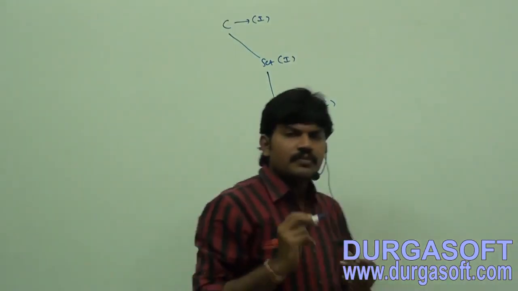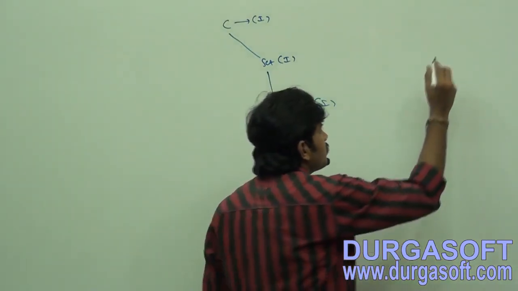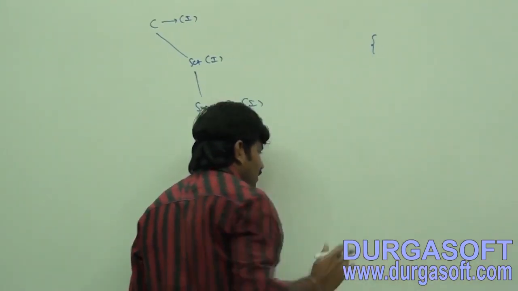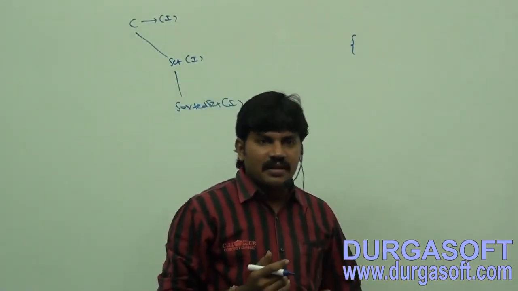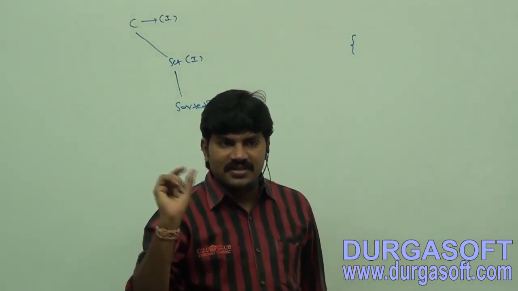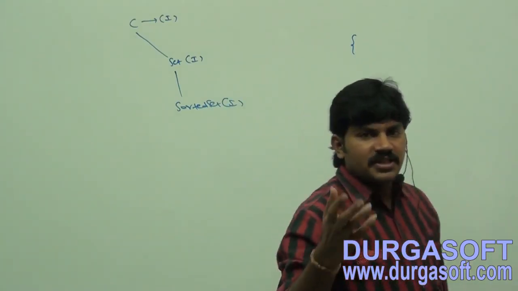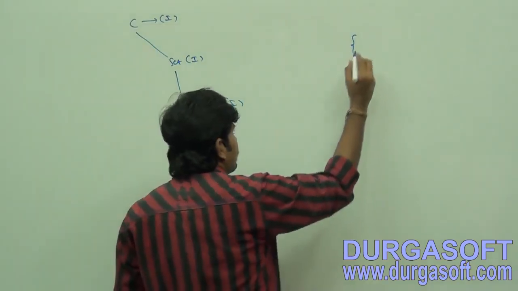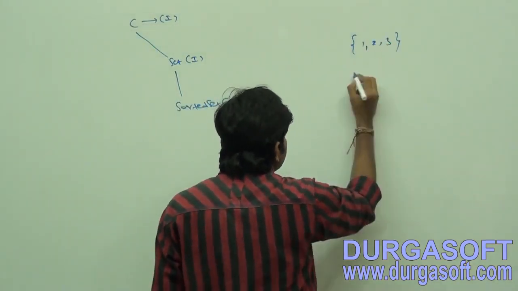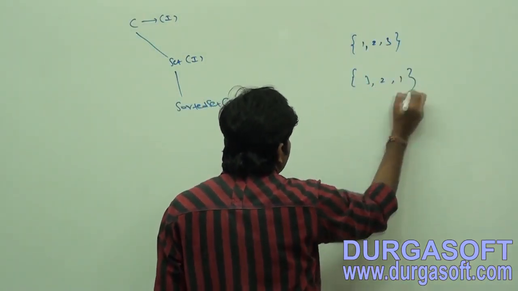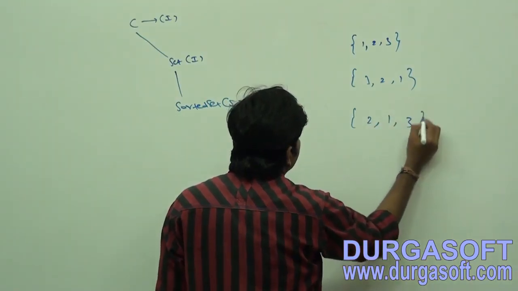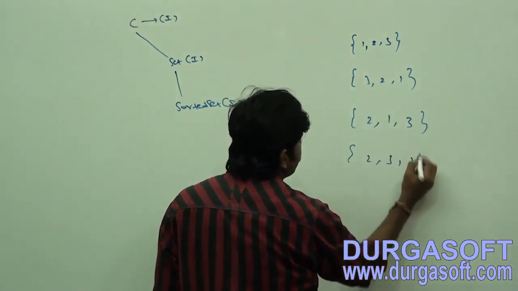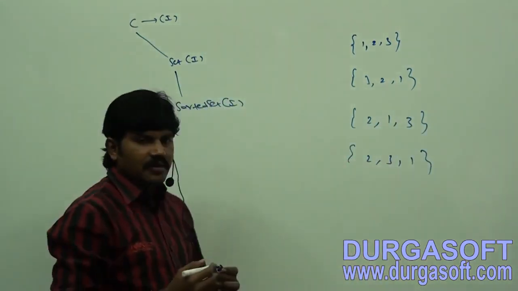Suppose, in mathematics, set theory or sets, relations, functions, like in discrete mathematics or basic mathematics somewhere, you may have seen this. Suppose I have 3 sets: 1, 2, 3; 3, 2, 1; 2, 1, 3; 2, 3, 1, like some sets are there.